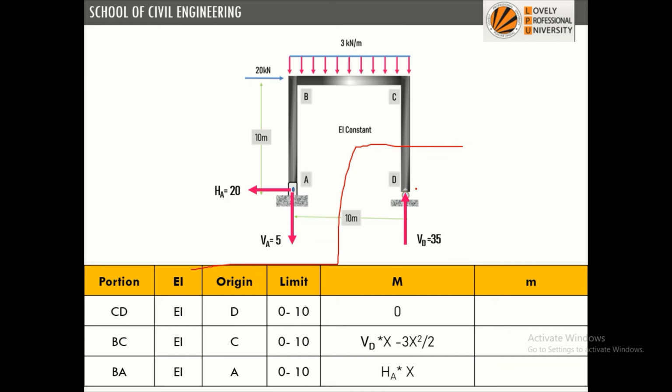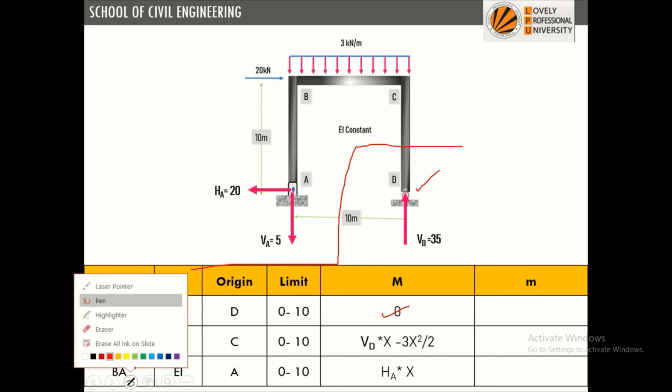It is better we consider forces on this side as only one force is there. Along the member CD there is no moment, because this is an axial force. It will not have any perpendicular distance. So capital M for portion CD is 0.